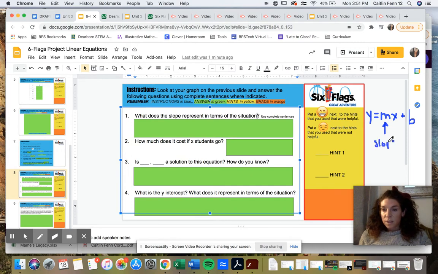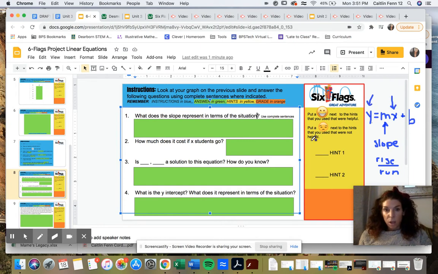And the slope, another way of saying it, is the rise over the run, or the change in y over the change in x, or the rate of change. All of these are ways to describe the relationship happening between y and x.